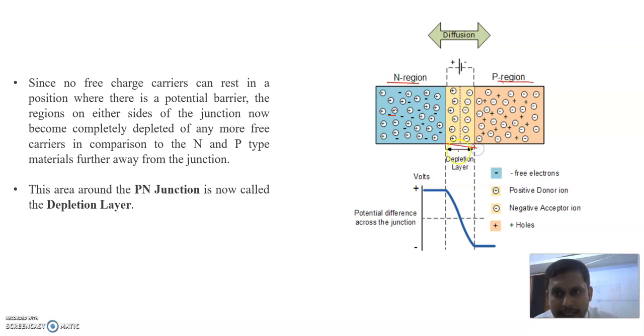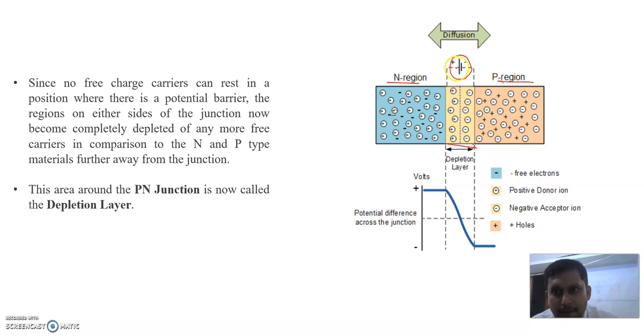This is the depletion layer, and its width depends on the doping of the n-type or p-type semiconductor. A potential barrier is developed across the depletion layer. This potential barrier opposes the flow of electrons due to diffusion, that is, the flow of electrons from the n region to the p region.